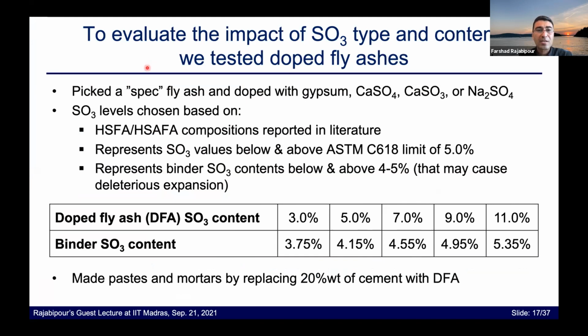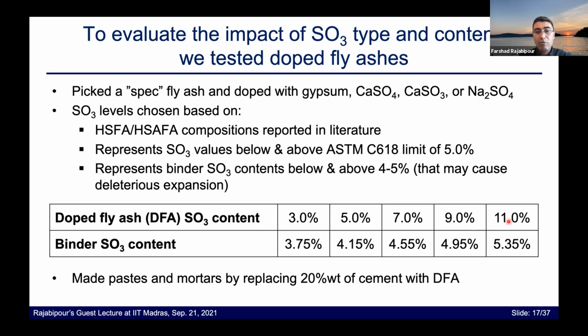A doped fly ash means that we picked a spec fly ash, or a specification compliant fly ash, as a control, and then we added to the SO3 content of that fly ash. That fly ash had about 0.8% SO3 content, which is well below the 5% limit. We added to the SO3 by blending that fly ash with gypsum, anhydrite, calcium sulfite, or sodium sulfate in order to raise the SO3 content from 3% all the way to 11%.